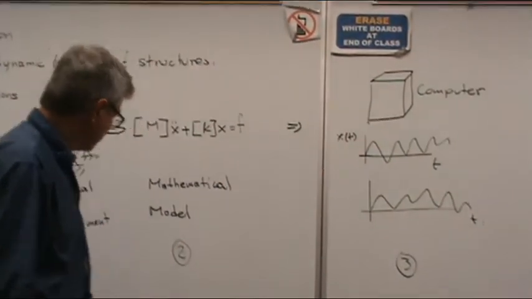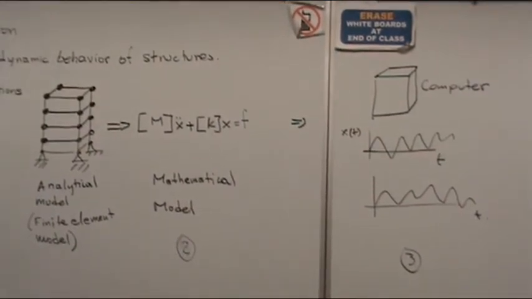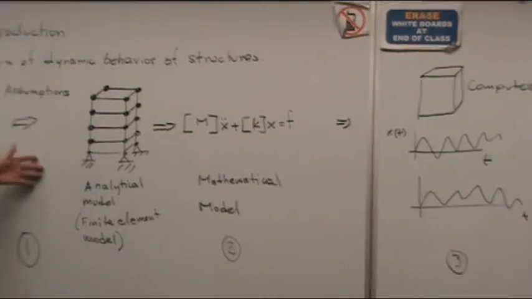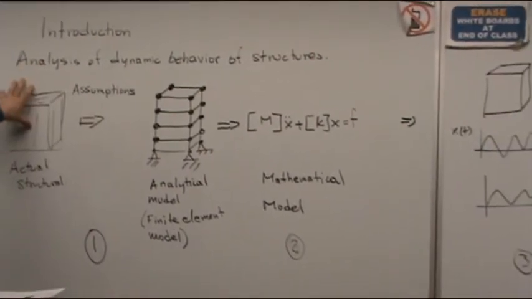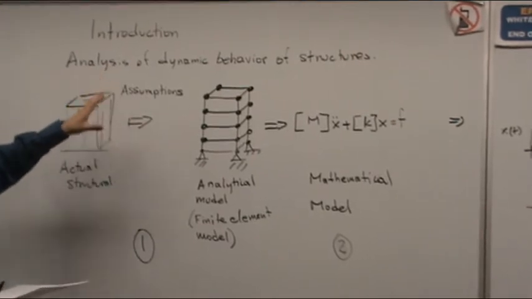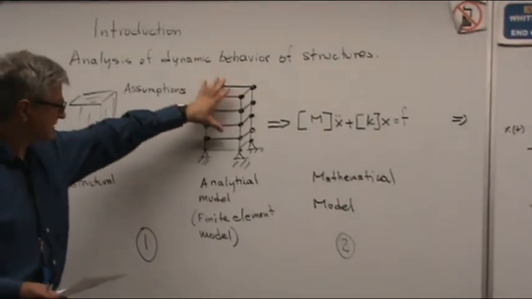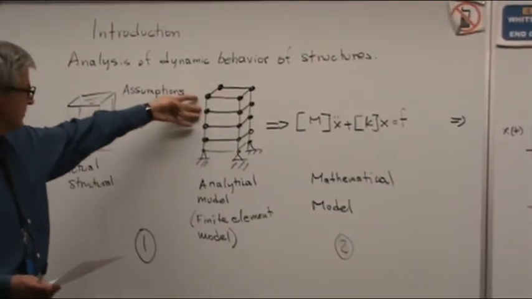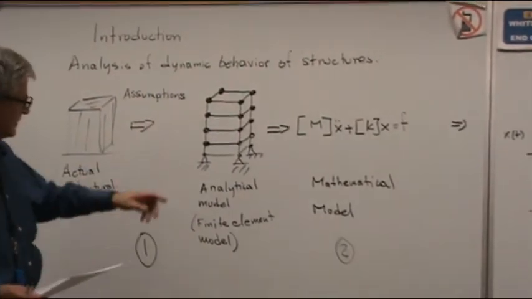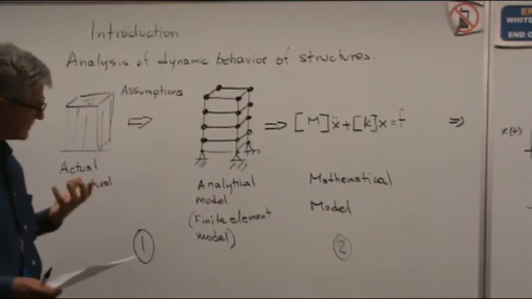Okay? Which of the steps is the most challenging? Well, typically it's this step. The step where you make a simplification, you start with something very complex, like a car, a building, and you replace it with something that is manageable, such as this bunch of rods connected with masses, and that you can solve.